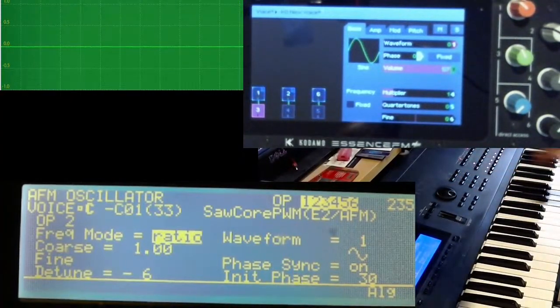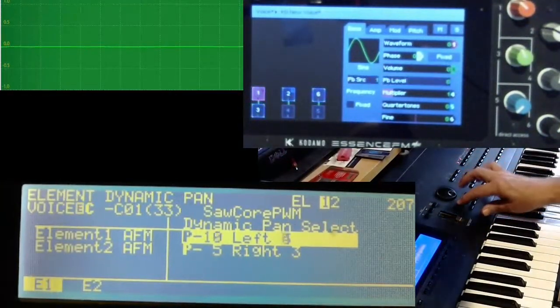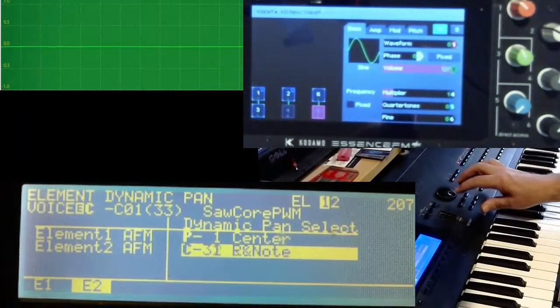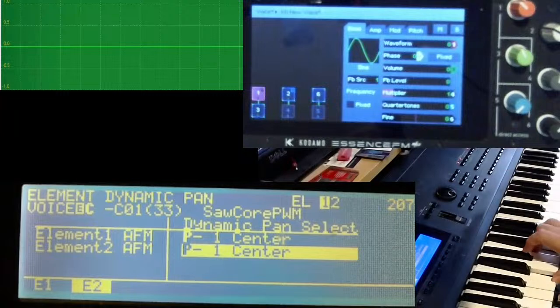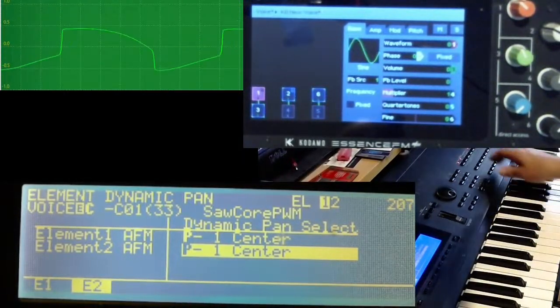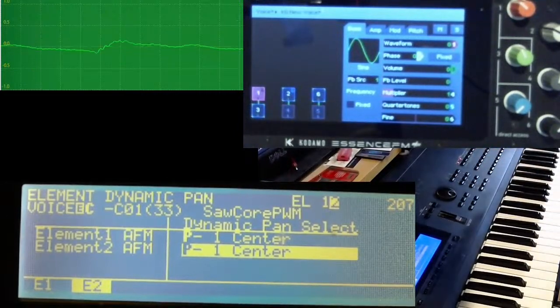Okay. So let's go to our stereo field here, turn it off. So that's our right channel. That's our element 1. This is our element 2.